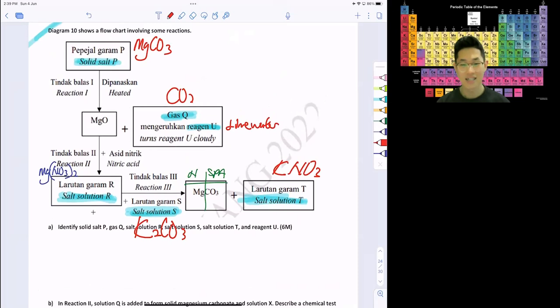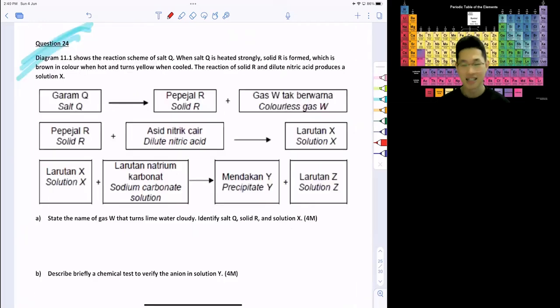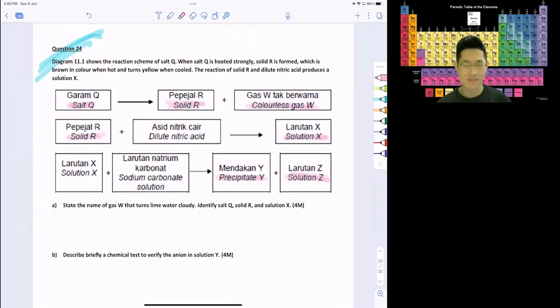Okay, one more. Next page. This time, you don't have to give me the answer.